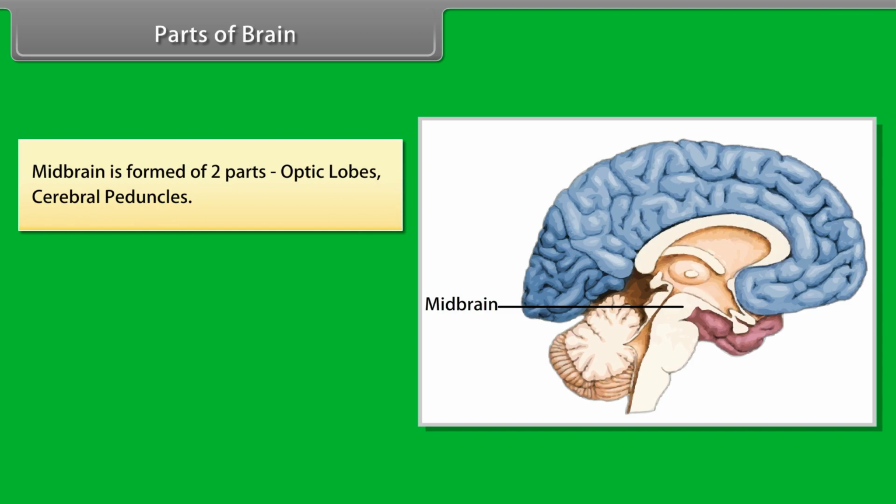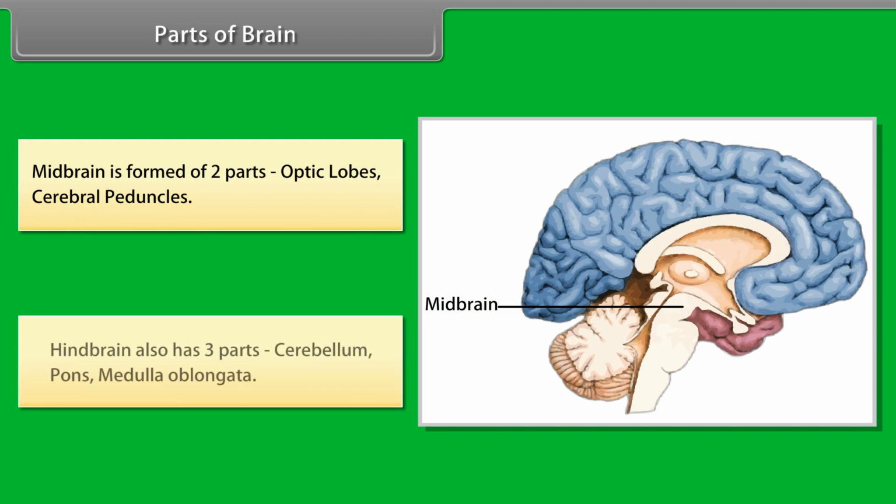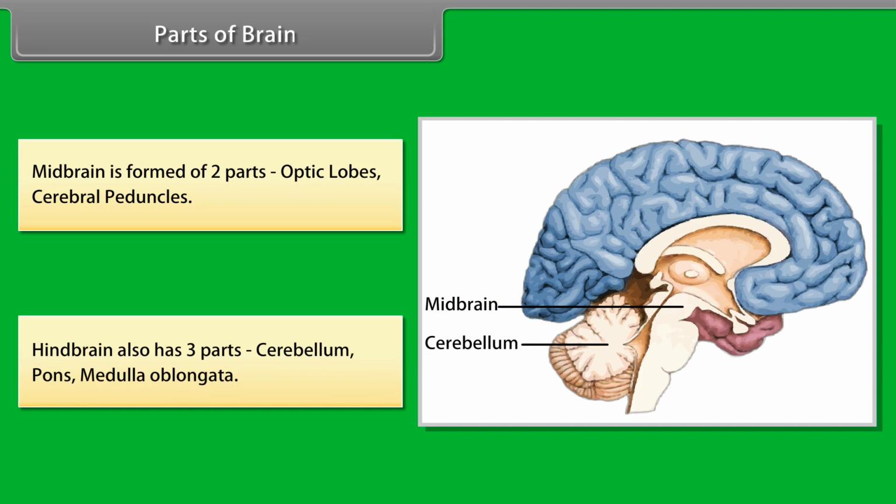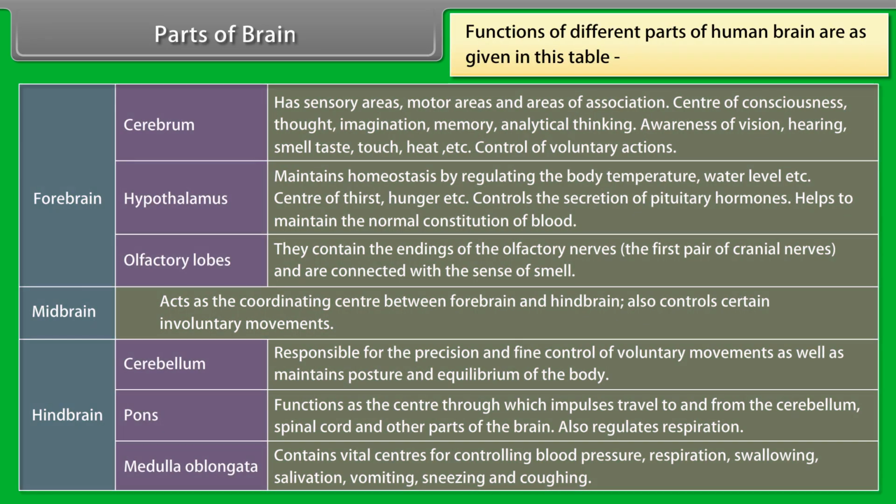The midbrain is formed of two parts: optic lobes and cerebral peduncles. The hindbrain also has three parts: cerebellum, pons, and medulla oblongata. Functions of different parts of the human brain are as given in this table. Spinal cord.